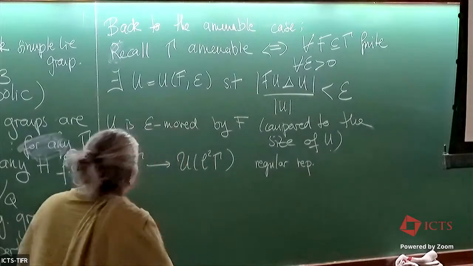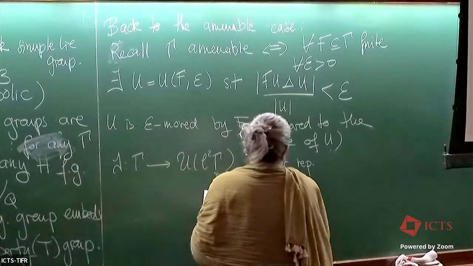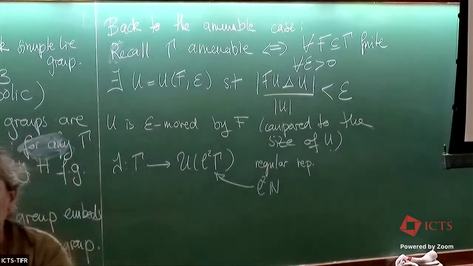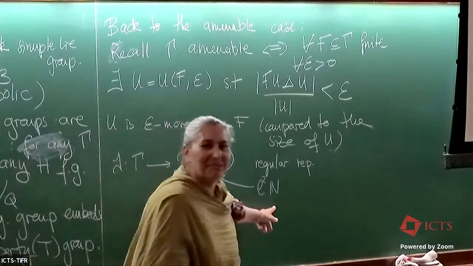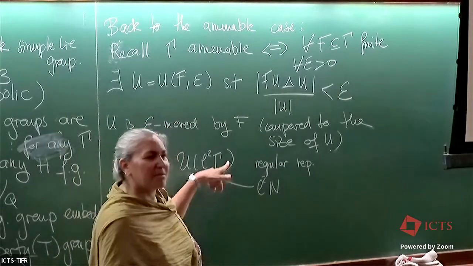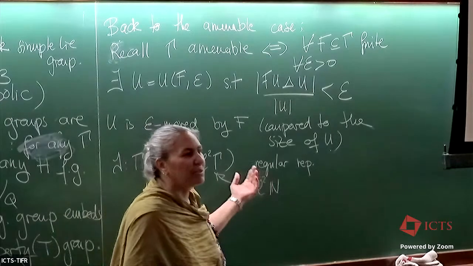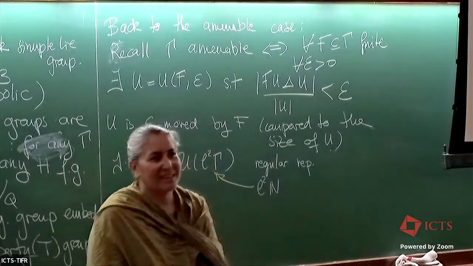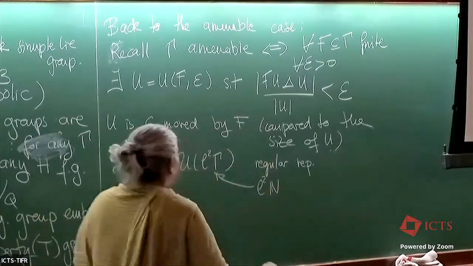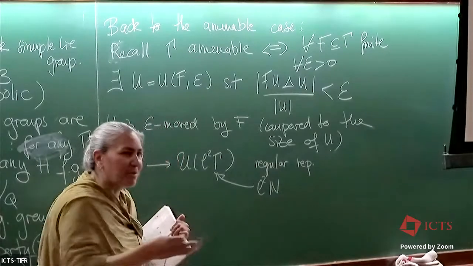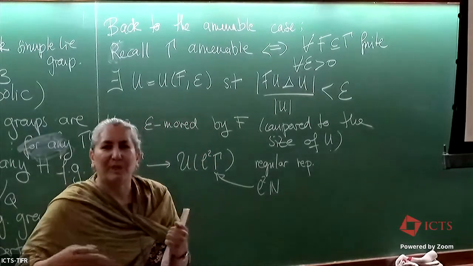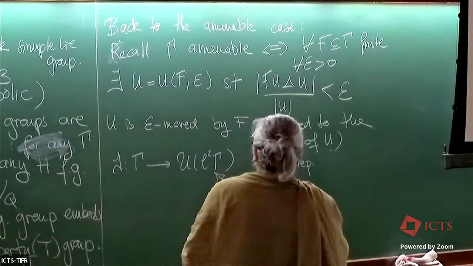Because we know that this, in fact, is L2 of N. The reason why we write L2 of Gamma, and we don't write L2 of N, even though we know it's the same thing, is because when you write L2 of Gamma, you have your Hilbert space L2 of N, but with it you have a bunch of unitary operators. So L2 of Gamma is really a Hilbert space with a bunch of unitary operators. Because if you have L2 of something that has some structure, the structure will give you a bunch of operators.